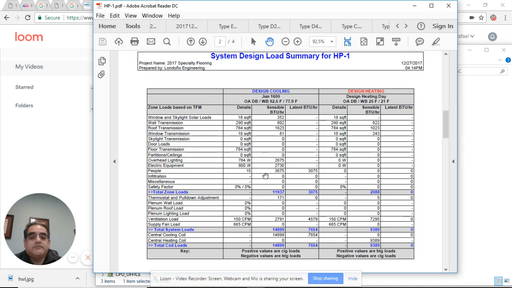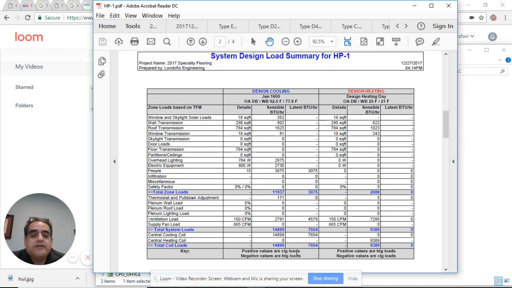This is where big loads start making a difference. 3,600 BTUs of sensible, and then 3,000 latent. So the total load by people is 6,750 BTUs out of 22. So that's a third of the load.